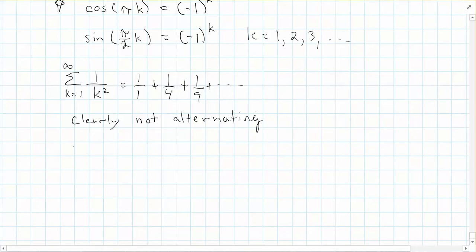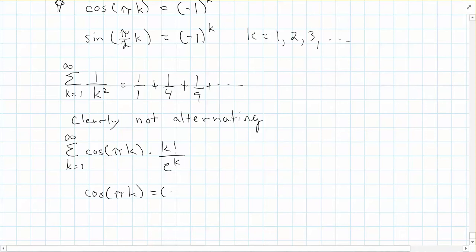And then if we do the sum from k equals 1 to infinity of cosine of pi k times k factorial over e to the k, this is clearly alternating as well, because remember cosine of pi k is equal to (-1)^k, so this gives me alternating.